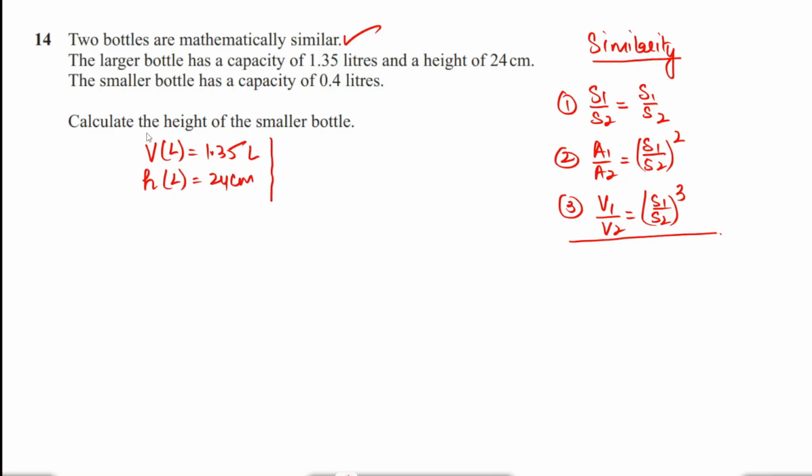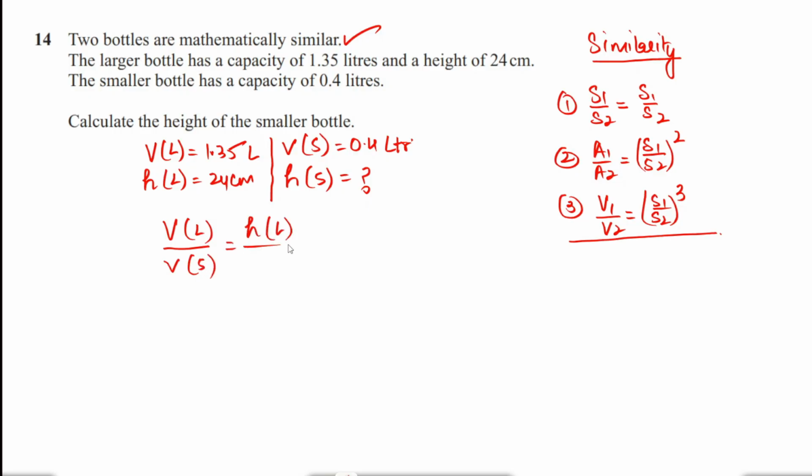Now volume of the smaller bottle is 0.4 liter, and the volume is given, and we are going to ask the height of the smaller bottle, that is asked.